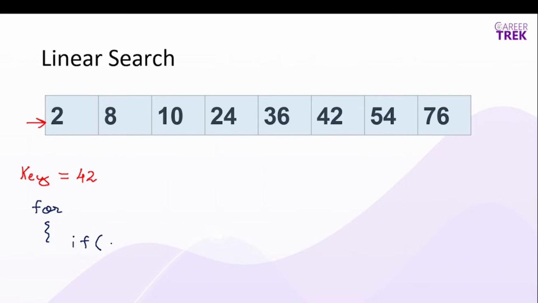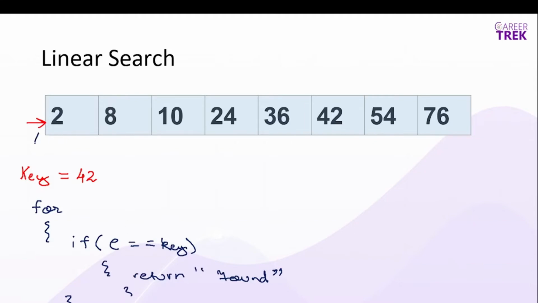That is, I will check if the element E is equal to key. If this is true, I will return that element is found. So this is the basic syntax for linear search.